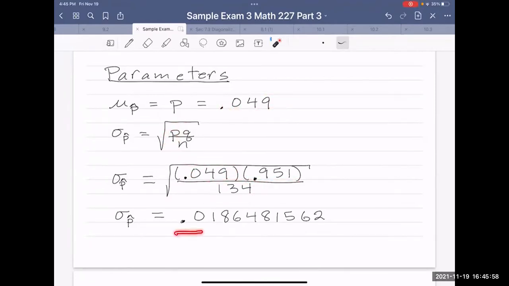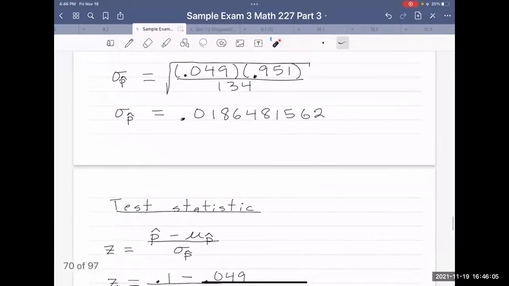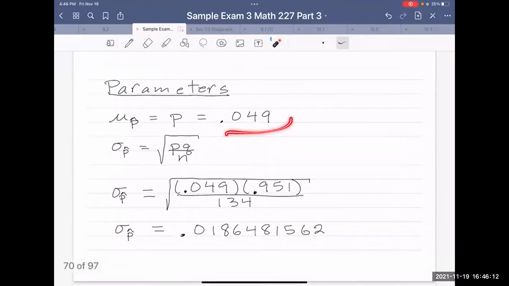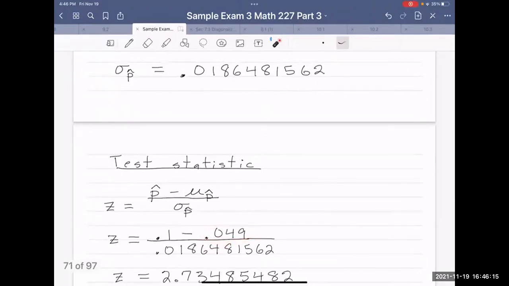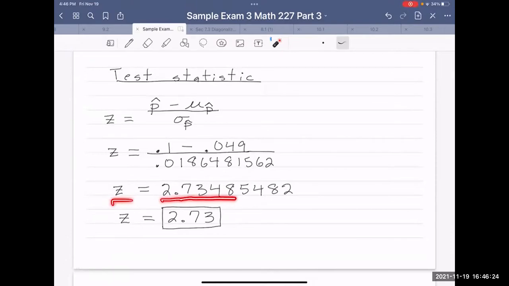And so I get 0.0186481562. So my test z is the sample proportion minus mu over sigma, 0.10 minus 0.049 divided by 0.0186481562. So I get that z is equal to 2.73485482. And so my test statistic rounded to the nearest hundredth is 2.73.